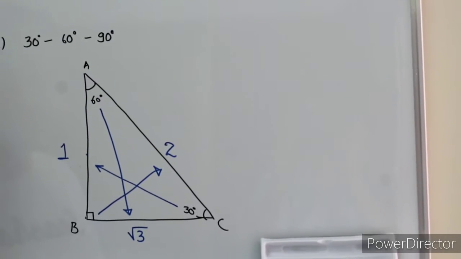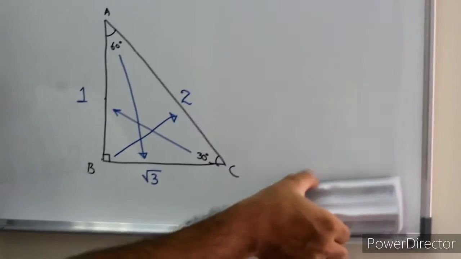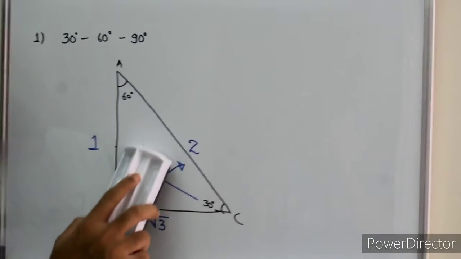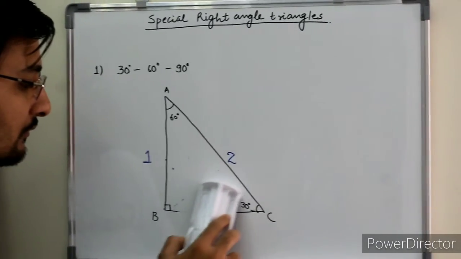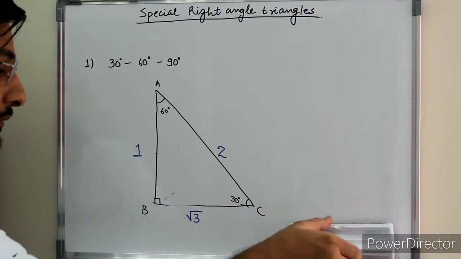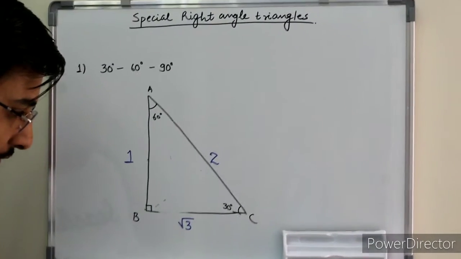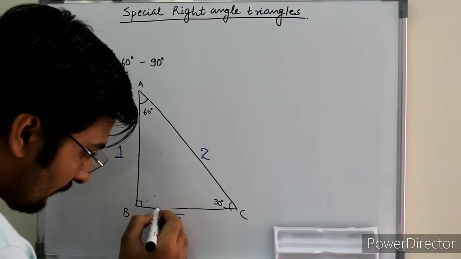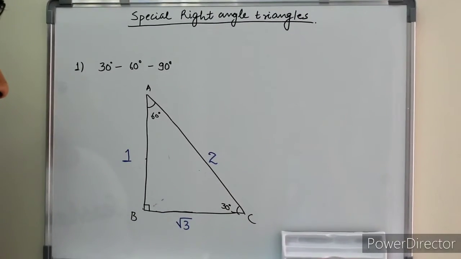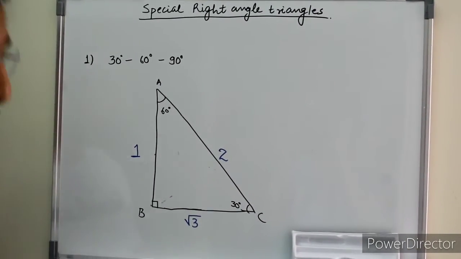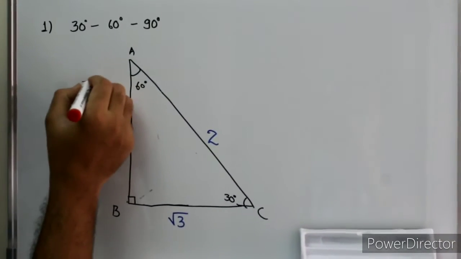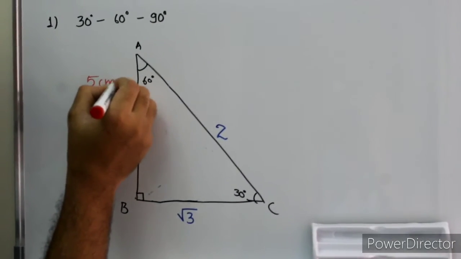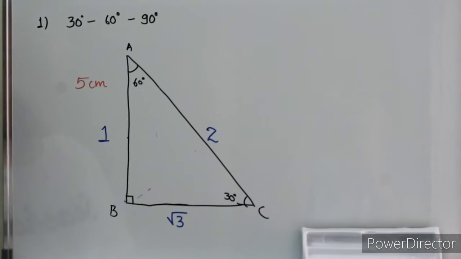Now let us take an example to understand how it is going to work. Let's say the side opposite to 30 is given to us as 5 centimeter.